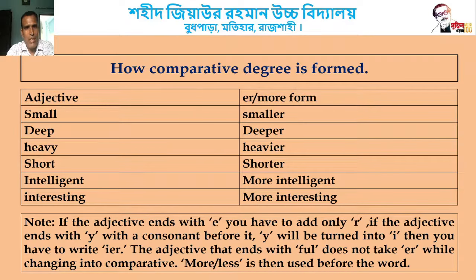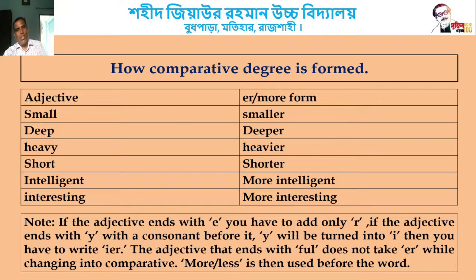So, my dear student, you have already seen that we have added er with the word small. Deep will be deeper, heavy will be heavier, short will be shorter, intelligent may be more intelligent, interesting and more interesting.